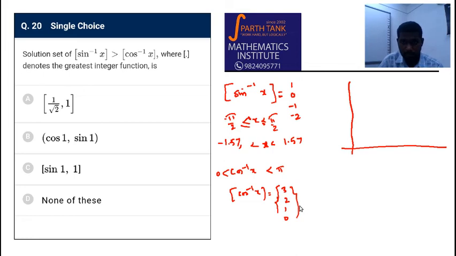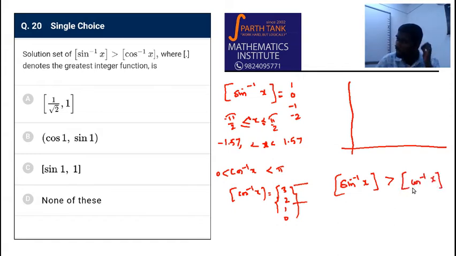Now these two values are when x has to be negative. When x is negative, it will be greater than 3, greater than 2, even greater than 1 in some regions. So first thing is that they have given us sine inverse of x is greater than cos inverse of x.